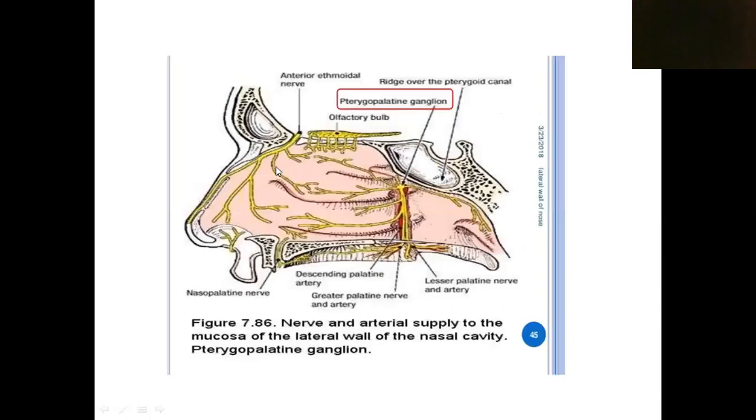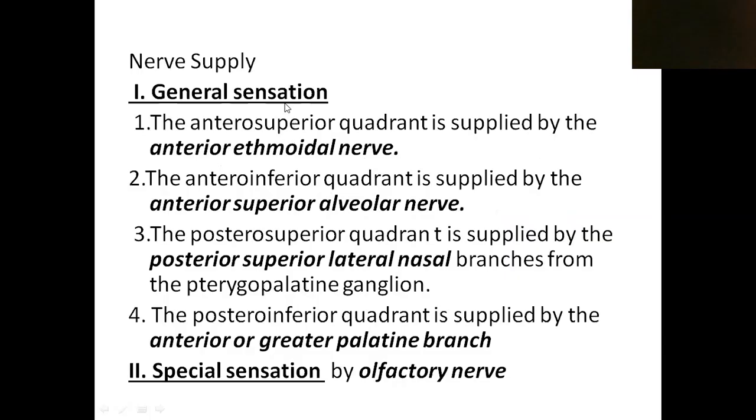So: anterior ethmoidal, superior alveolar, then greater palatine, and for the postero-superior compartment, the posterior superior lateral nasal branch. Those are the general sensory nerves, carrying touch, pain and temperature from this lateral wall. Then special sensation, meaning smell, is carried by the olfactory nerve.